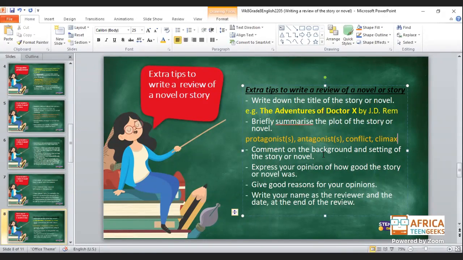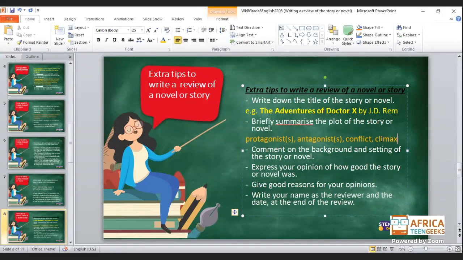Right. Then we have the conflict, because the antagonist is against the protagonist. That creates what we call a conflict, and that conflict will need to be resolved at the end. And because of that conflict, there will be a certain level in the novel or in the story that we call the climax. The climax is the highest point of the story, the highest point of the novel.